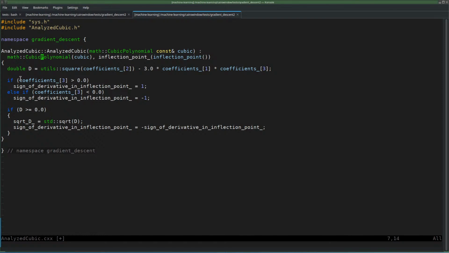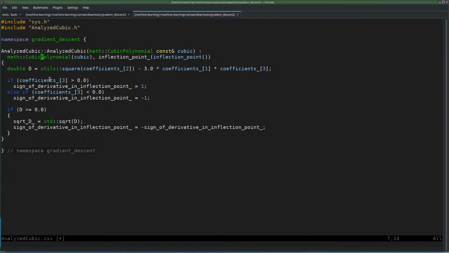And then the trick here was that if we don't have extremes, it's monotonically rising or monotonically going down. And for x going to infinity, it's the coefficient 3 that determines where we go to, because it's an odd power.